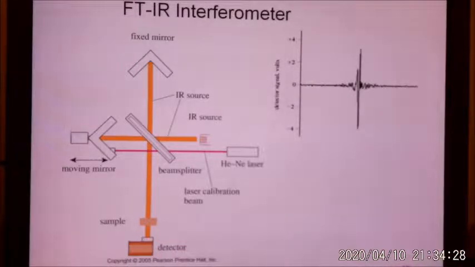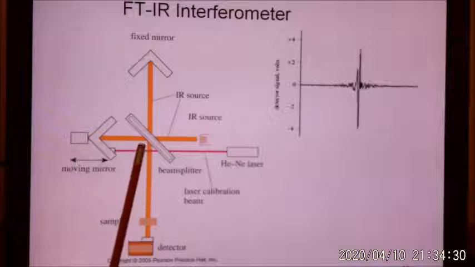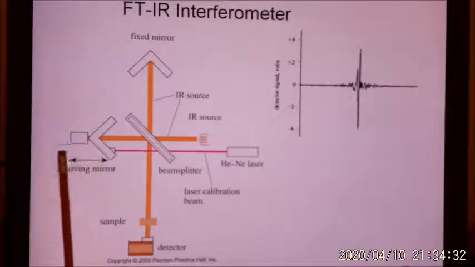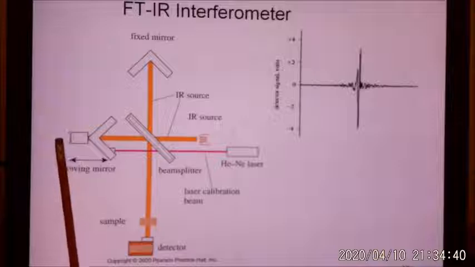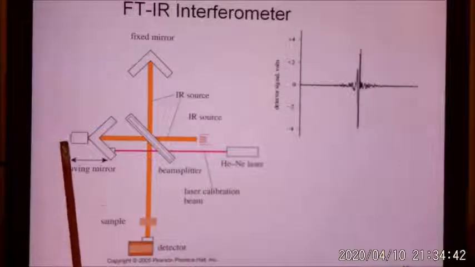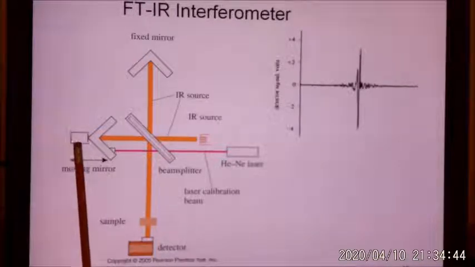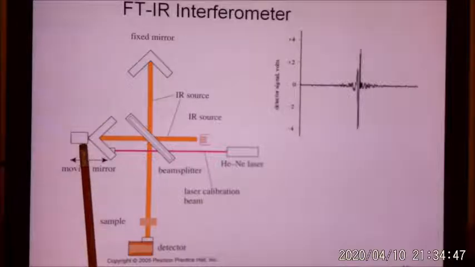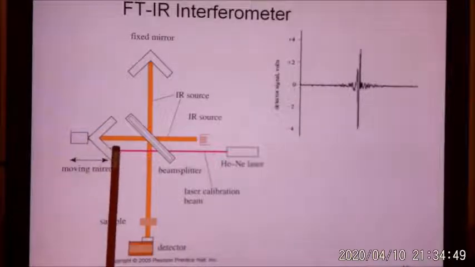Okay? Now, why do that? All right? So when I move my mirror, I'm out of phase. So when I combine, I don't have basically very much of a combination. It's like destructive interference. But as I continue to move my mirror, I get constructive interference, and then I continue to move it away, get destructive interference.